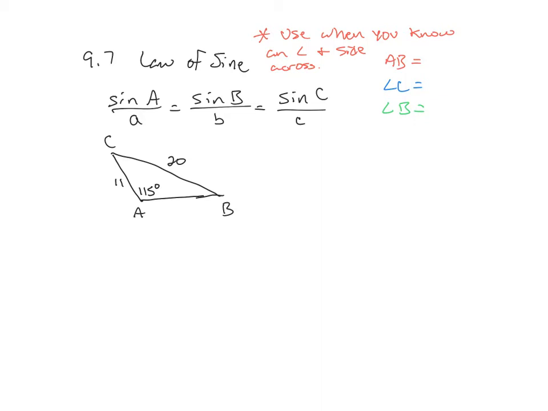So I have 115 degrees, and I know the side that's across from it, the 20. If I have that, law of sines is way easier than law of cosines. You're going to have to use one of the 2 no matter what, but law of sines is a lot easier.